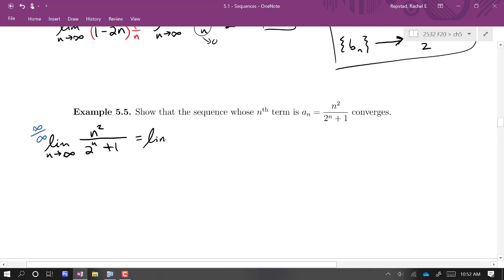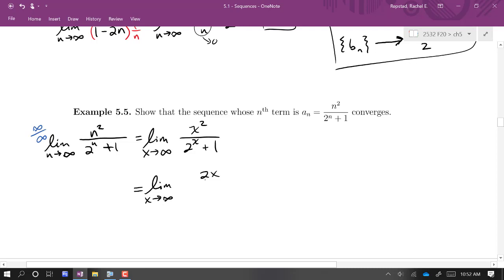So again, I'm just going to rewrite this and say that the limit as n approaches infinity of that discrete sequence is equal to the limit as x approaches infinity of this continuous function. And now I'll apply L'Hopital.